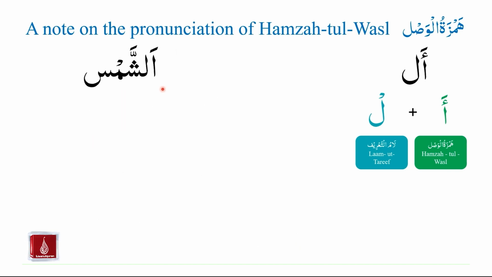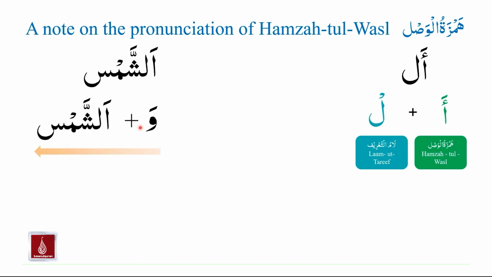Another example is Ash-Shams. If I want to add something to Ash-Shams, for example, Wa Ash-Shams, when I'm trying to read this, there is a bit of an interruption here. There is a break in the fluency of what I'm trying to say.